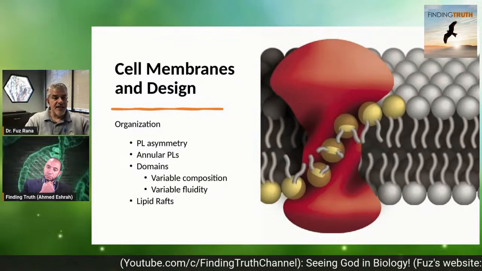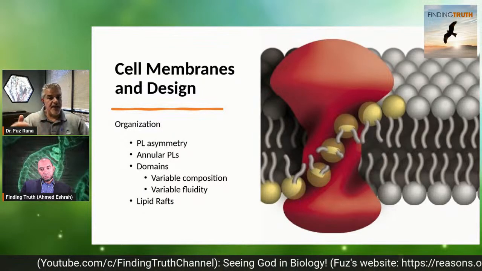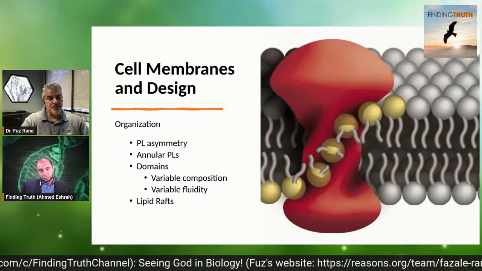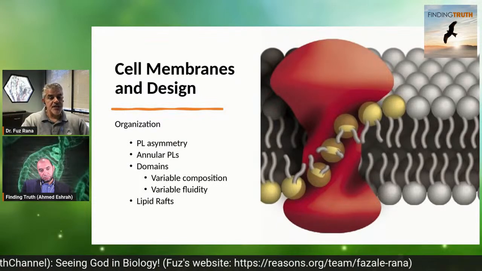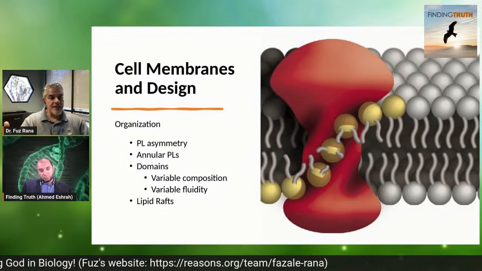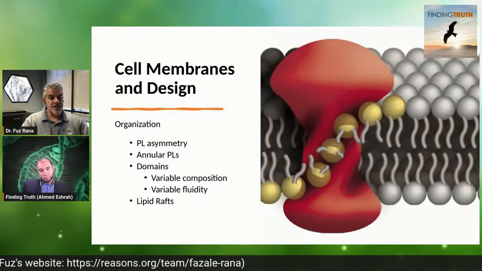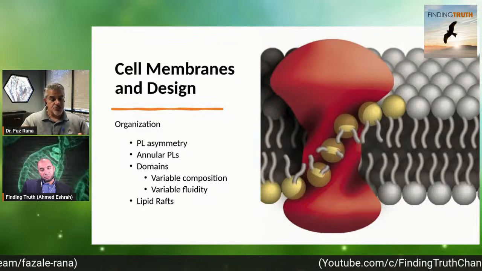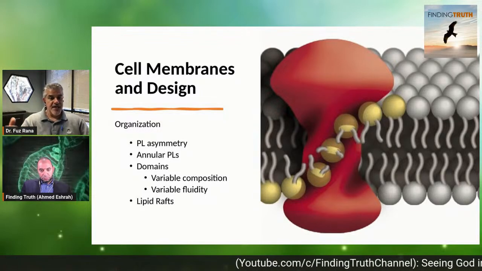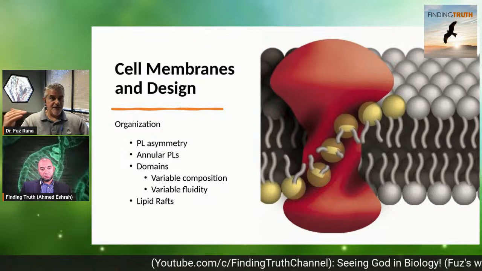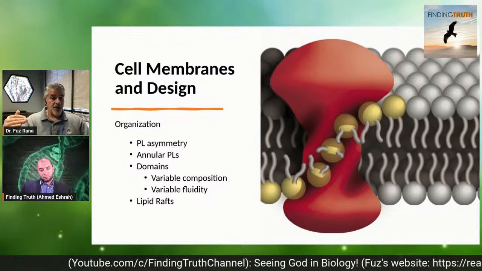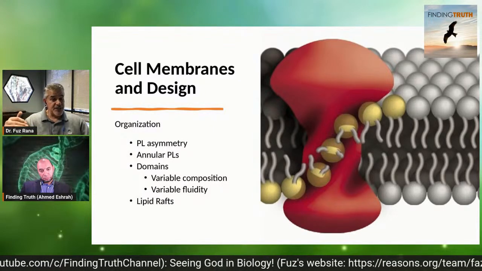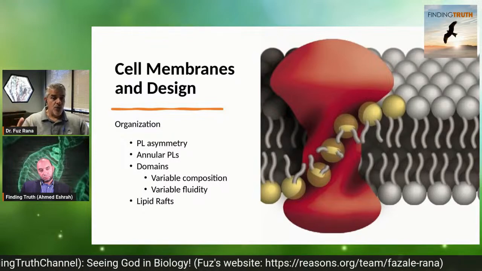We see that in terms of the phospholipid asymmetry, the existence of annular lipids, the different domains that exist inside cell membranes, which even give rise to these structures known as lipid rafts.